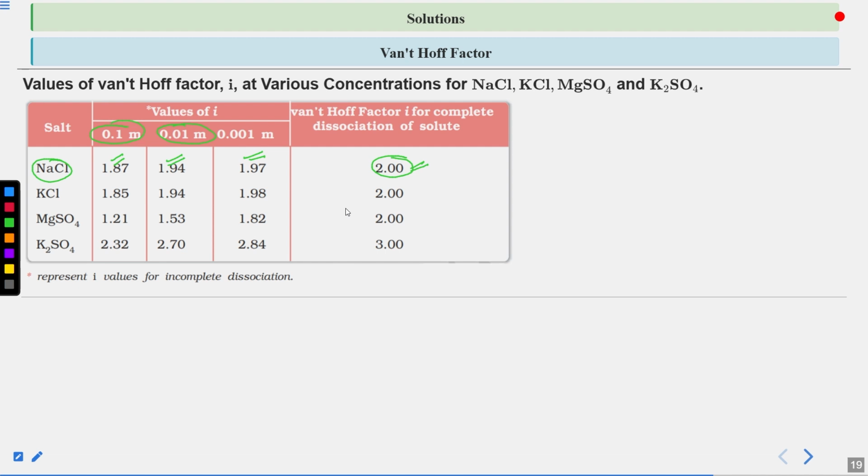Now, if they are close to each other, they may attract each other also. That will result in somewhat of a deviation from this complete dissociation value, which is 2. Now, as we increase the concentration, the value keeps moving away from this ideal value.